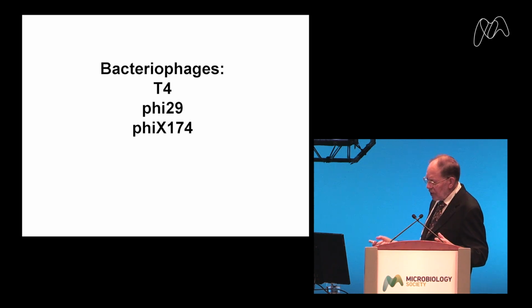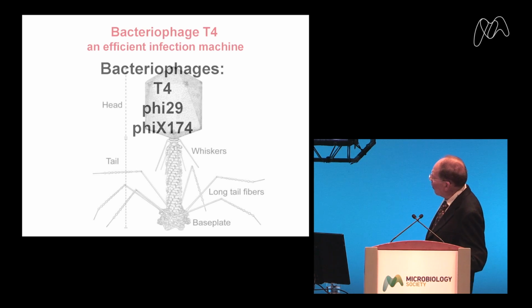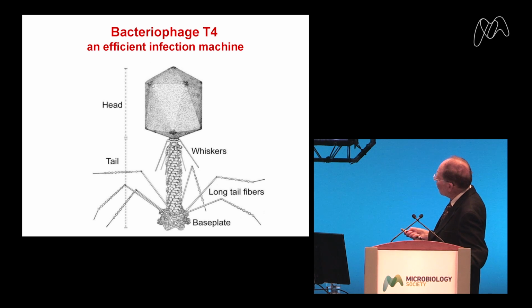And we have studied these phages, bacterial viruses, by looking at the individual proteins, and then, as we did for flaviviruses, fitting the proteins into the lower resolution electron microscopy. And here we have T4. I think probably most of you will have seen similar pictures of T4. This is the head where the genome is kept, a tail with a contractile sheath around it, and the long tail fibers which recognize the host.